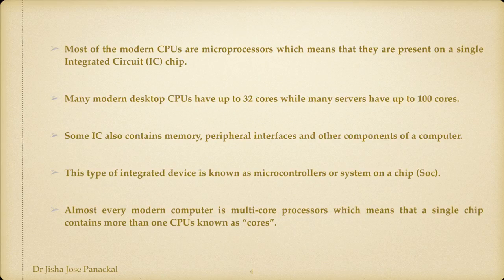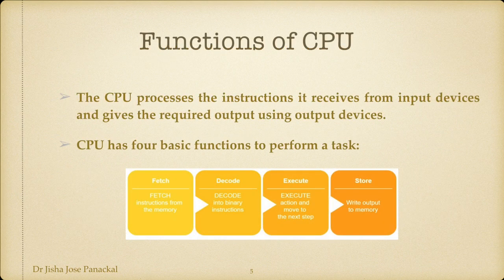A core means CPU itself, and almost every modern computer has a multi-core processor, which means that a single chip contains more than one CPU, that is known as cores. Some ICs also contain memory, peripheral interface, etc. in them. Such integrated devices are usually called microcontrollers.